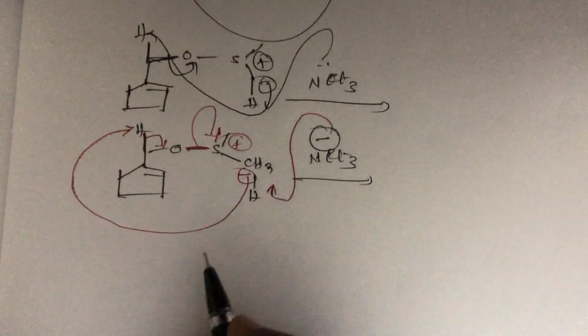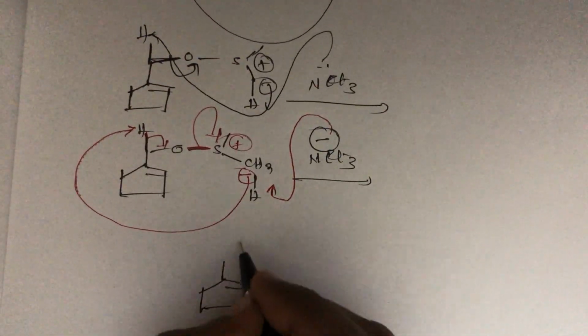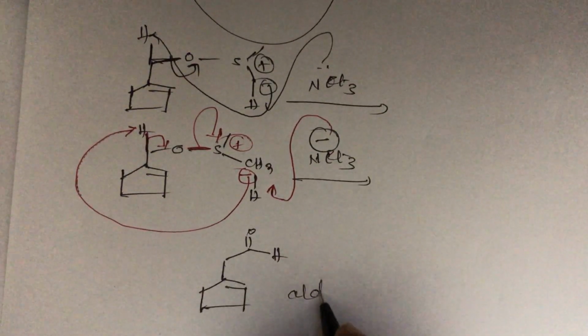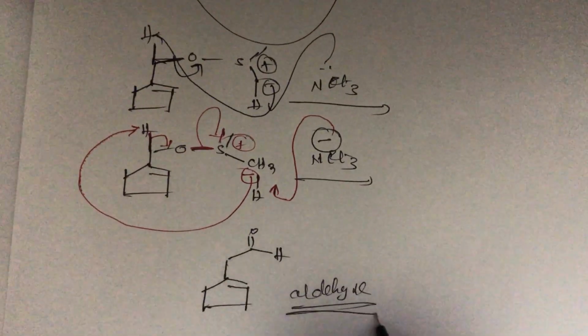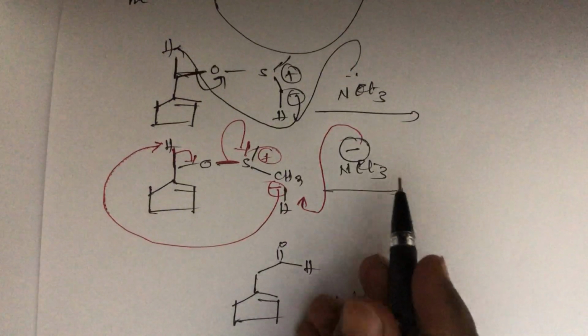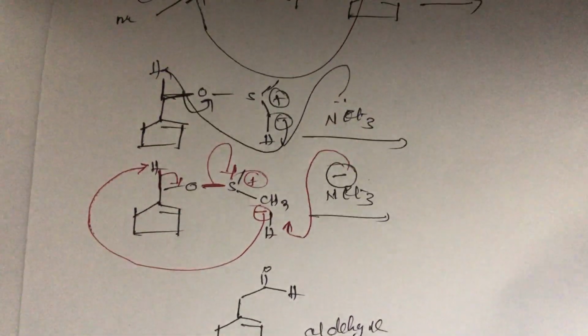Finally, you will get the product, which is an aldehyde containing group, right? And this one is with using base, right? Base we used here, and without base we can see here everything is as usual.